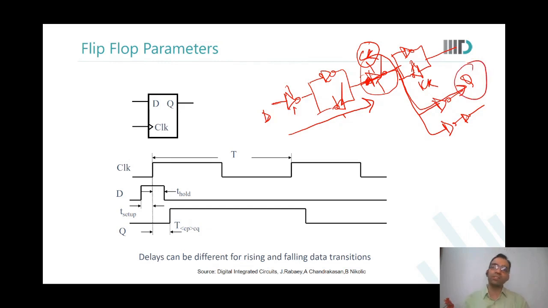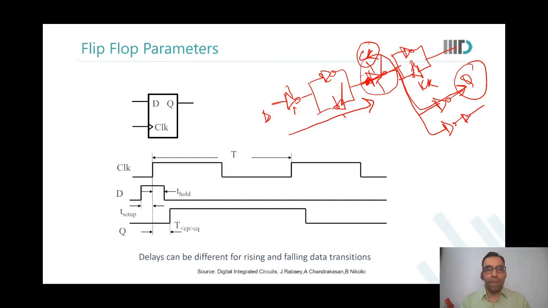Is it a change in D or a change in CK? It is a change in CK. That is why the timing is defined from CK to Q. So the triggering signal is the clock, from where we calculate the delay.